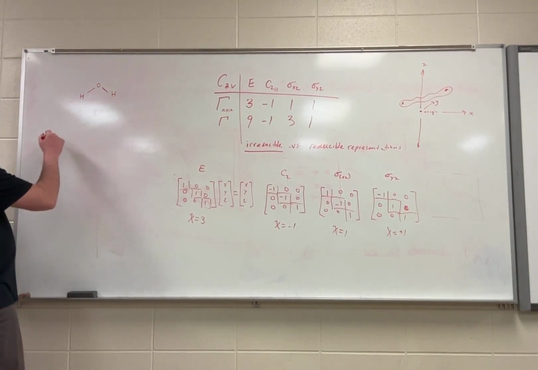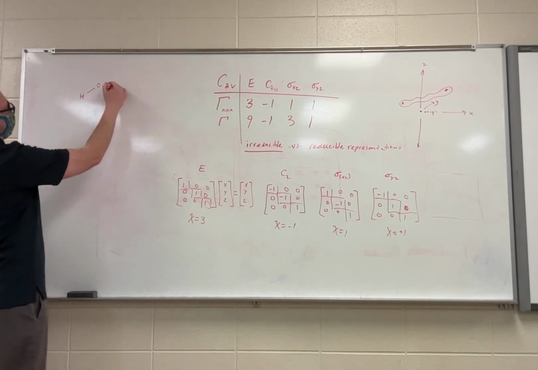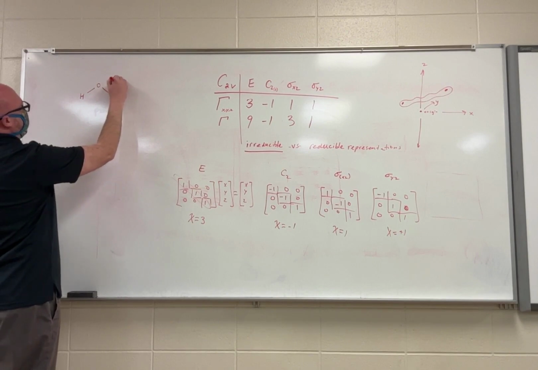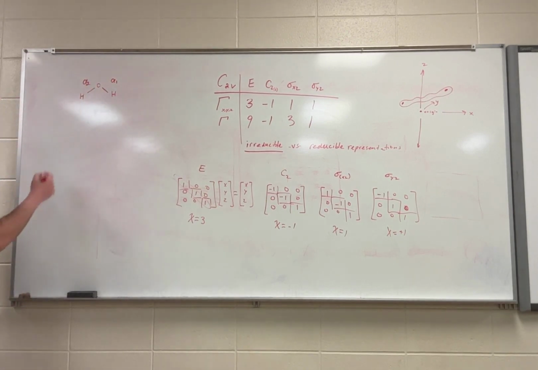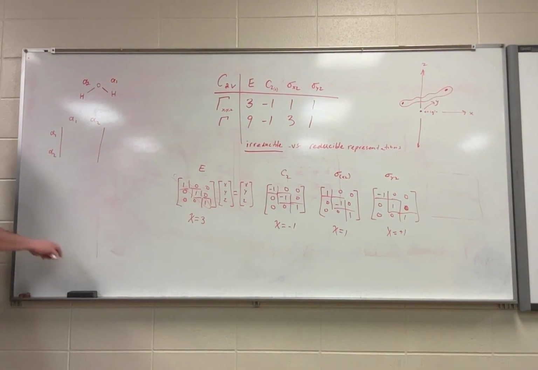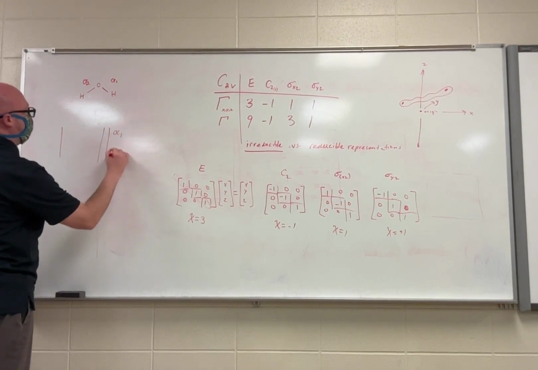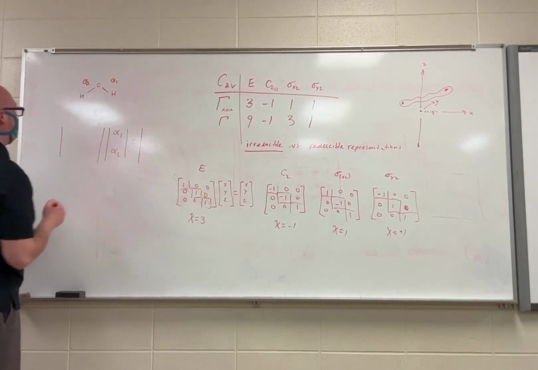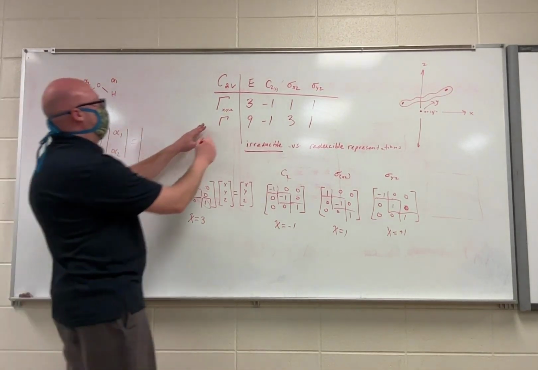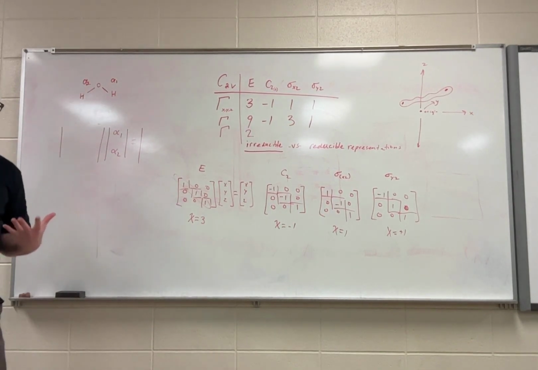So if I have 2 OH bonds, we could call these alpha 1 and alpha 2, I don't know. The representation will be 2-dimensional because I have 2 entities in my basis for making this representation.